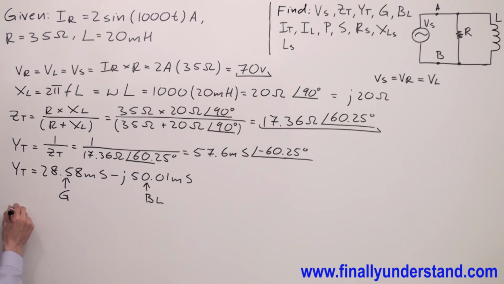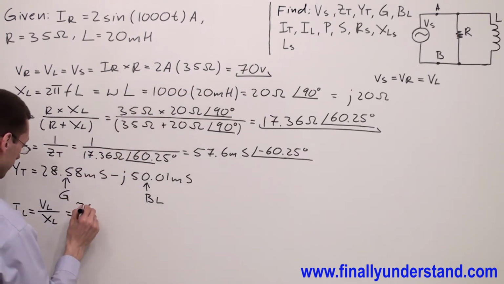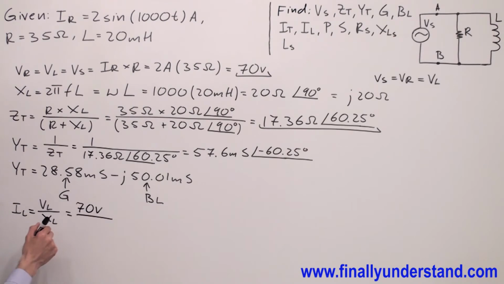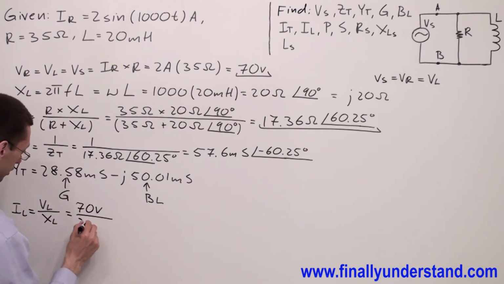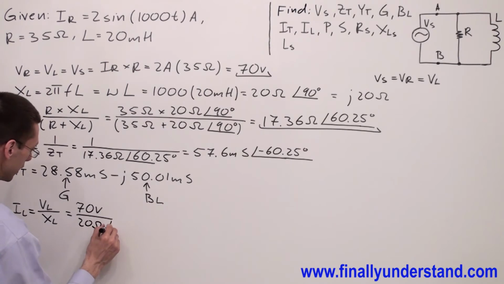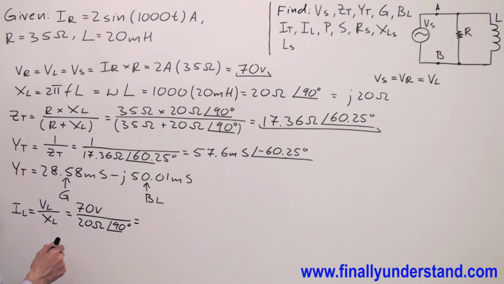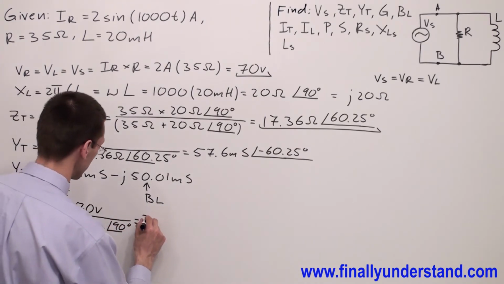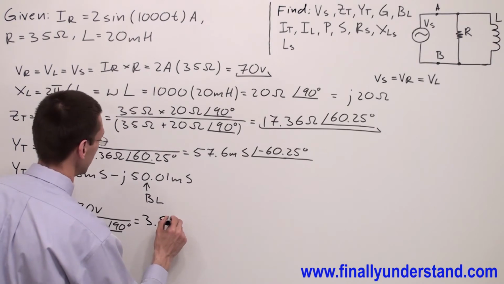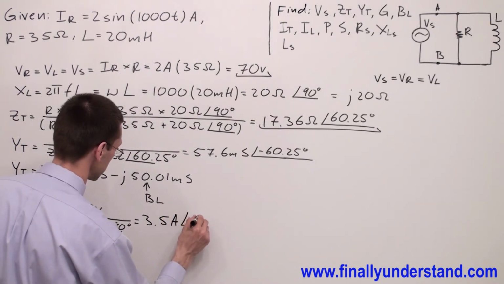So I have IL equal to the voltage across the inductor divided by X of L, where VL is equal to 70 volts over X of L, which is equal to 20 ohms and angle of 90 degrees. This is equal to 3.5 amps and angle of negative 90 degrees.